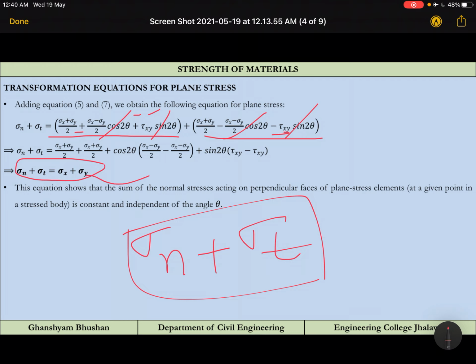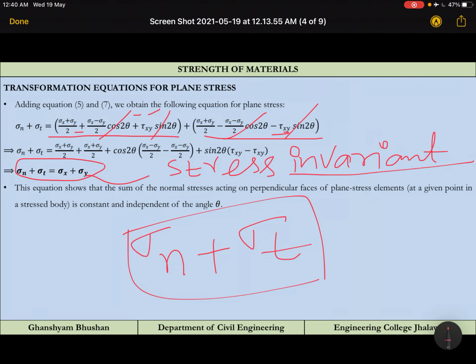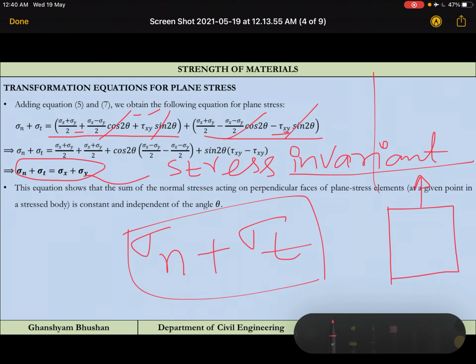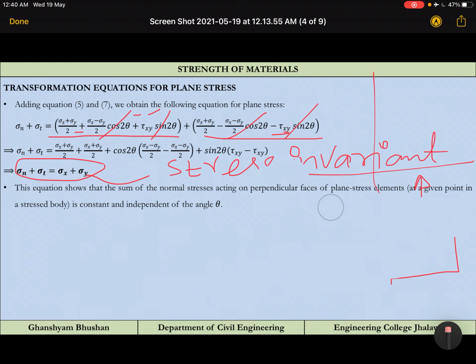This is your stress invariant. That means the stresses on any two mutually perpendicular faces of a plane stress element are going to be invariable. Invariant means it is not going to change. What does this mean? This is only for a given state of stress. Clear? In any body, at any point, a state of stress is there, and if we are having, let me just rub it. Okay.